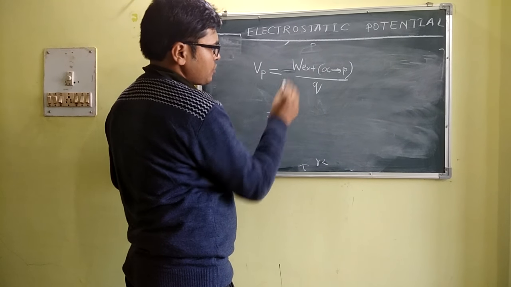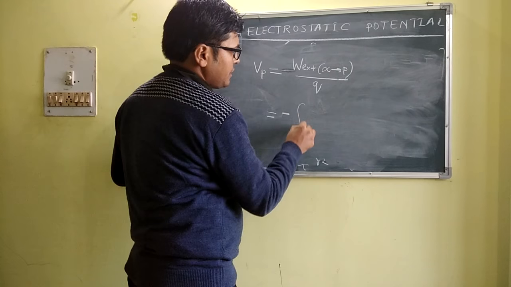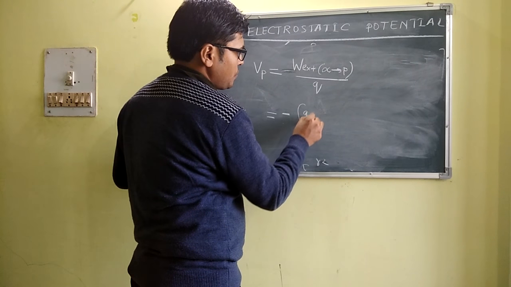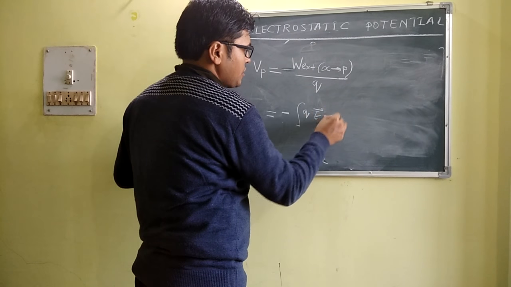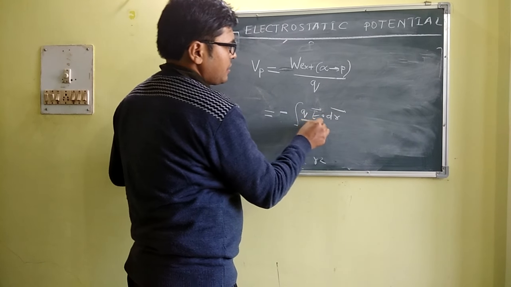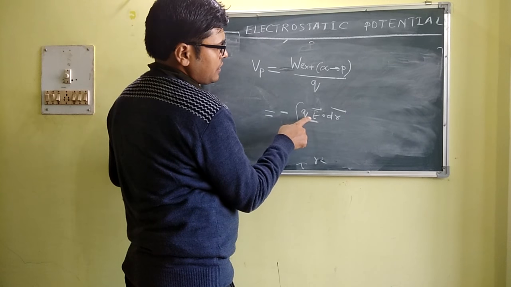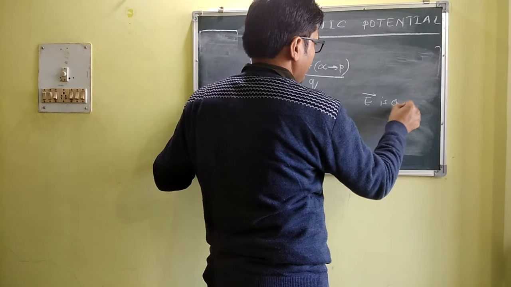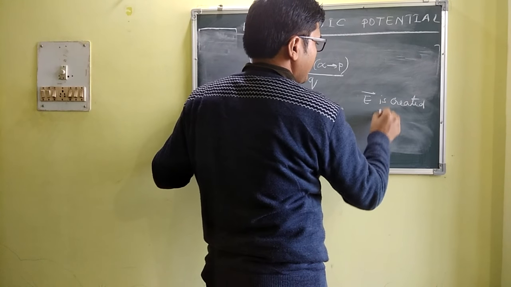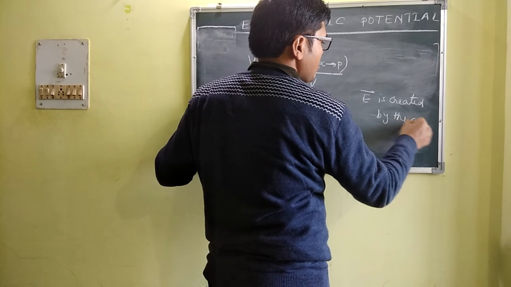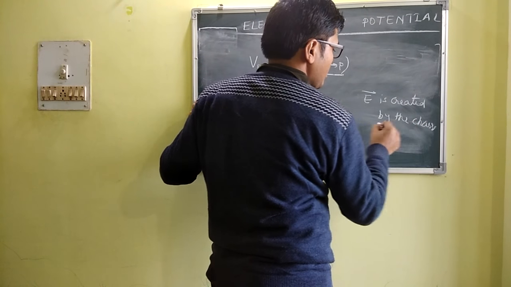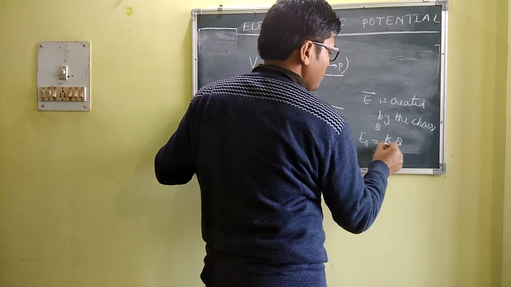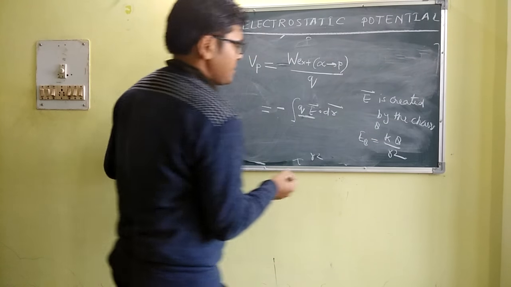So this comes to be, in terms of the electrostatic field, Q E dot dr. This E is created by the charge Q, and this E is basically KQ by R square, right?